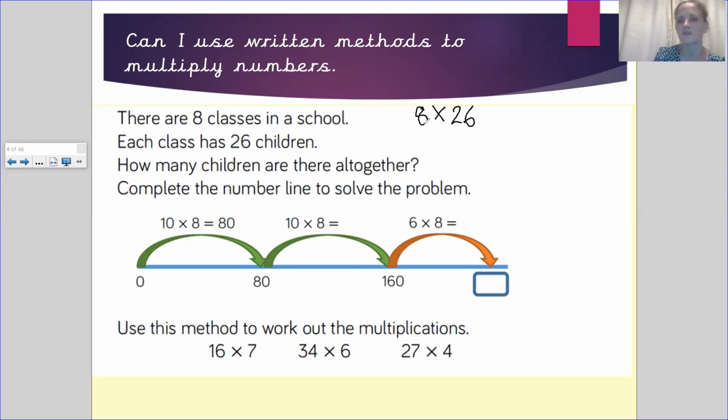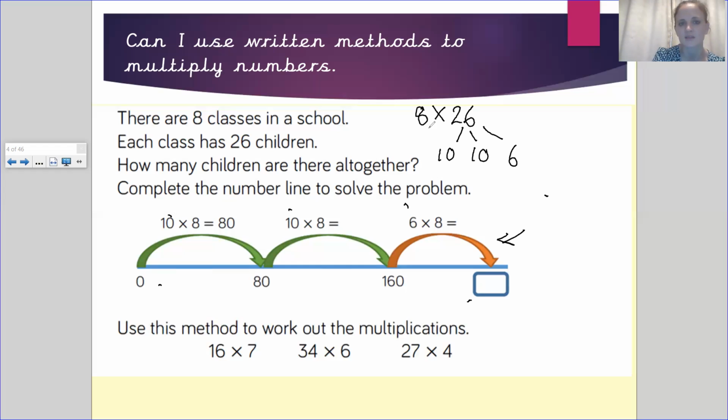So what they have done is they've used a number line that you can see. Here is our number line here. So we've got a number line going from 0 up to an answer. And if we have a look at this question, we can see they've got 10 times 8, 10 times 8, and 6 times 8. So what they have done is they've broken up 26 into 10, 10, and 6.